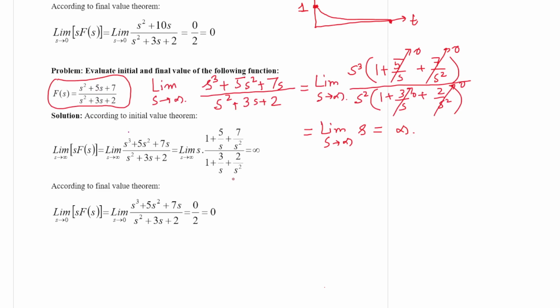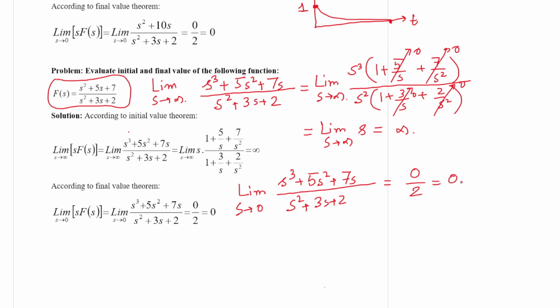And according to the final value theorem, if you put limit s tends to 0, s cube plus 5s square plus 7s divided by s square plus 3s plus 2, it will be simply numerator 0, denominator 2, so it will be 0.